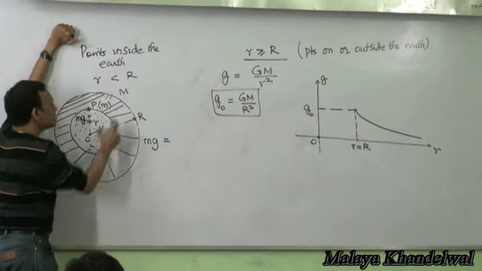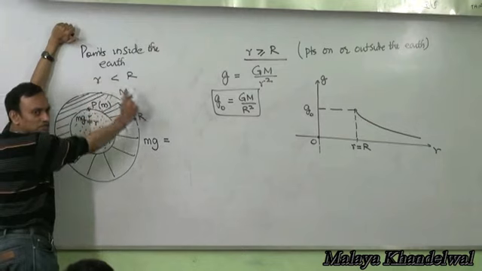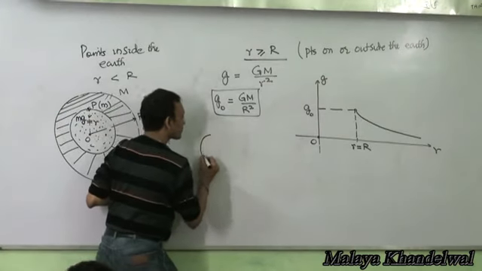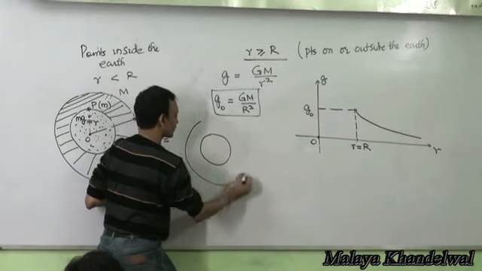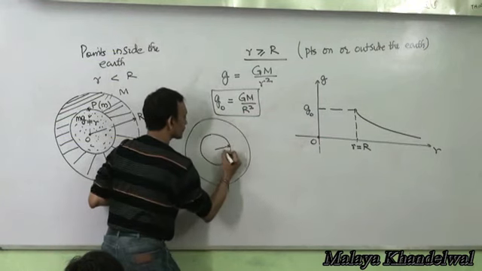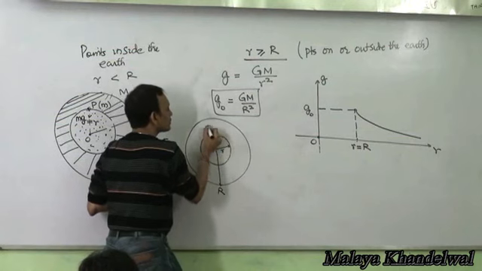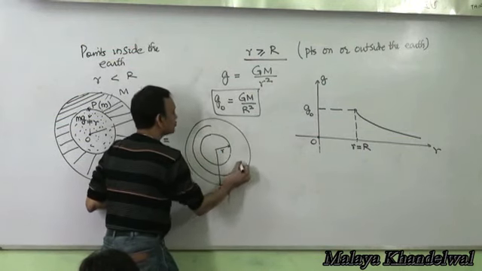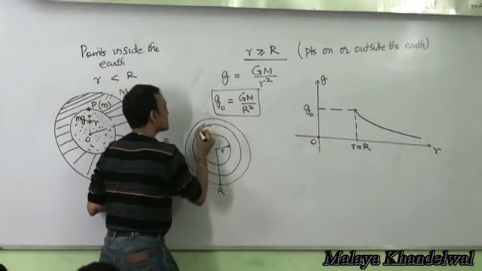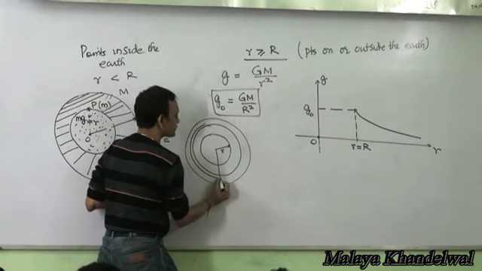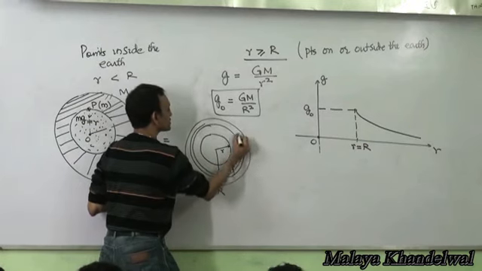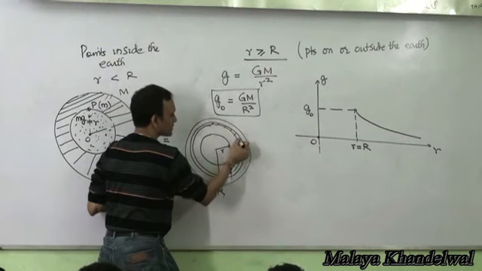Now, as far as this shaded mass is concerned, this shaded mass could be fragmented into several shells. The shaded mass is actually several concentric shells. Do you realize that?